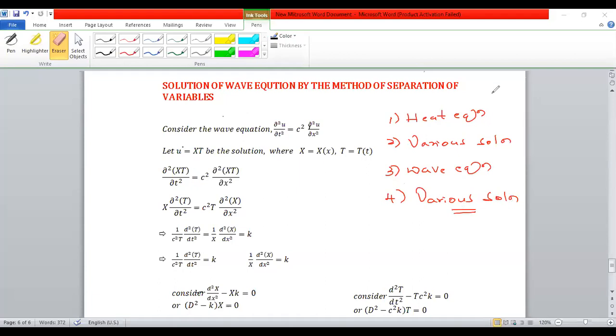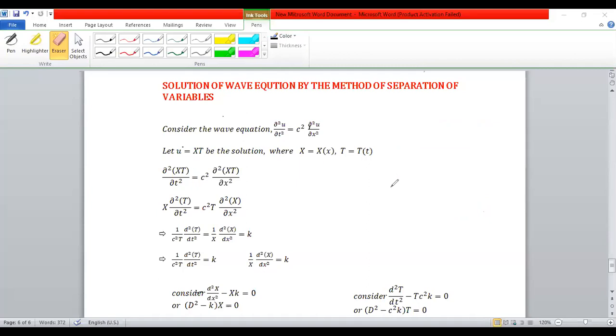You can expect one in the examination. Is this clear? Wave equation and its solution? Yes, sir. Okay.